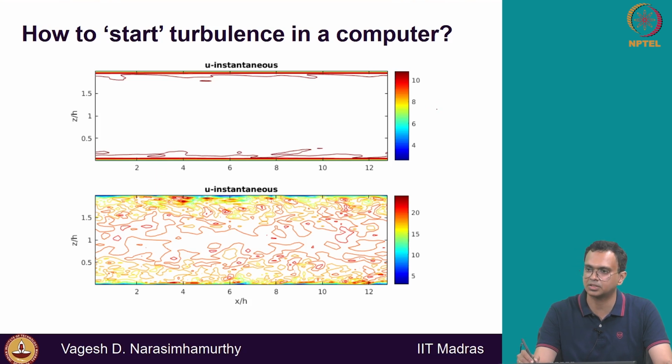This is the final converged solution that I am getting, without artificially increasing anything. Let's say this Reynolds number is 10,000, Re equal to 10 raised to 4. I solve this, and this is what I get. No turbulence being generated here.